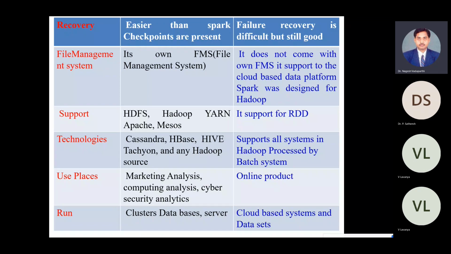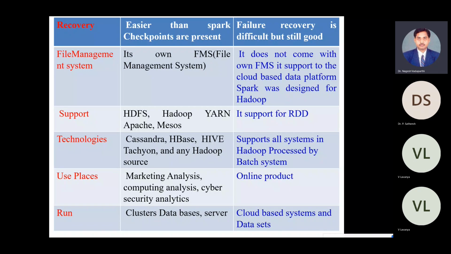Next parameter is file management system. Hadoop has its own file management system with the help of the Hadoop Distributed File System. Whereas Spark does not come with its own file management system, because in memory computation there is no such concept in random access memory.